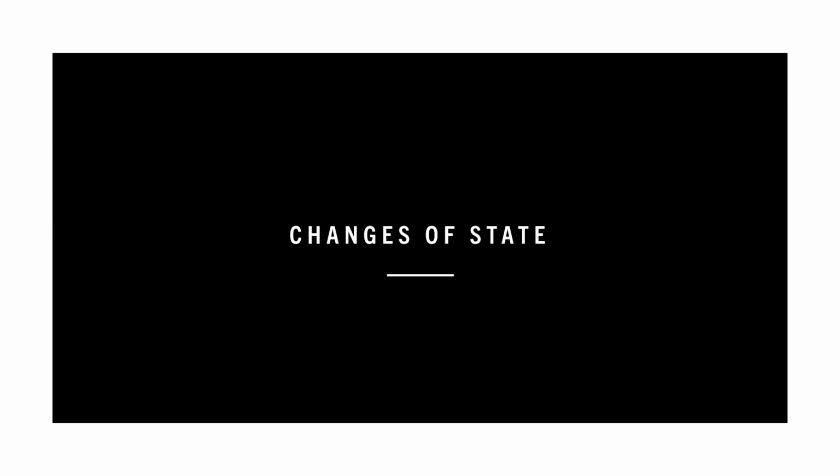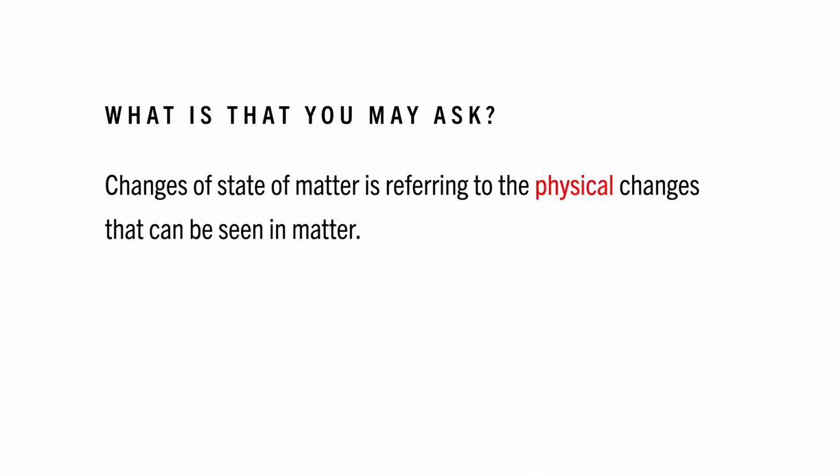Now let's focus on the changes of state. When we talk about the changes of state, we are only going to be referring to the changes of the three states of matter. Everything is going to make sense. It's all going to connect. Alright, now what is that? Change of state of matter is referring to the physical changes that can be seen in matter.